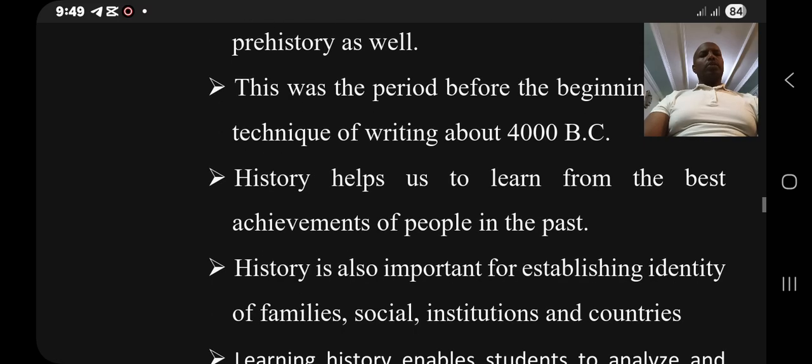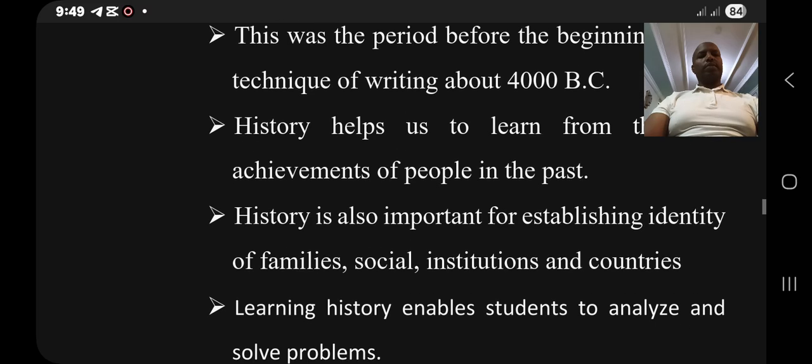History is also important for establishing the identity of families, social institutions, and countries. So history helps us to know our former families, social institutions, and countries.